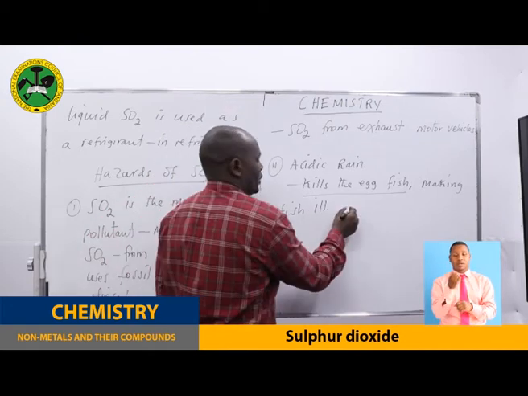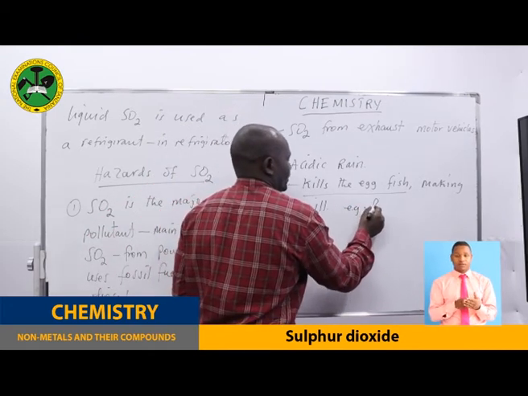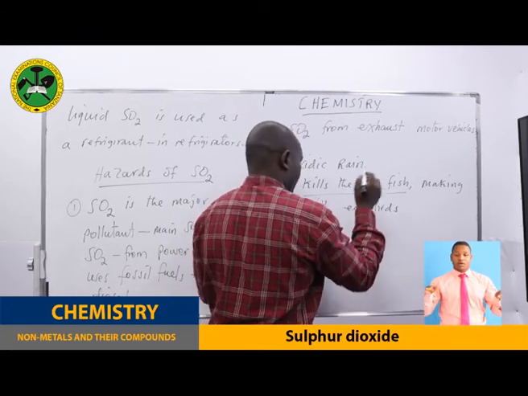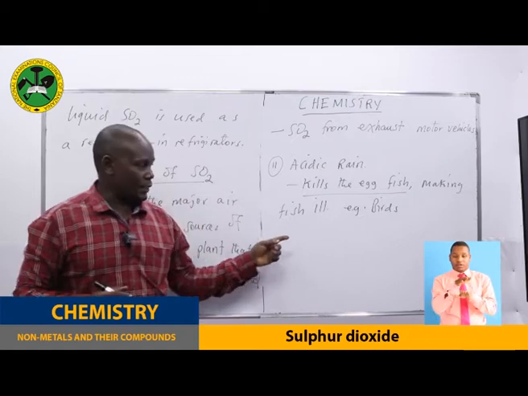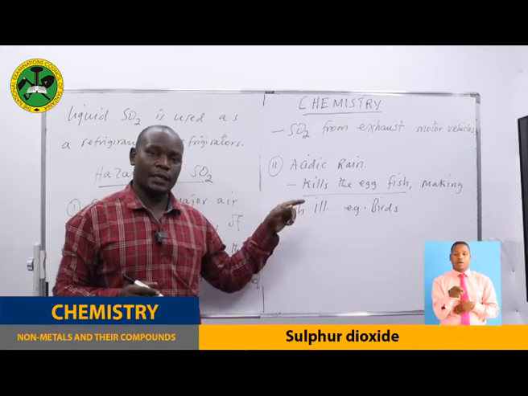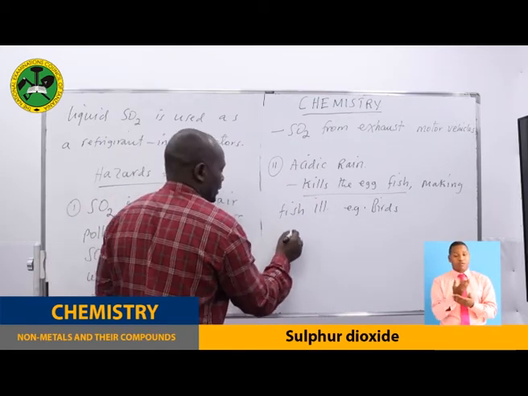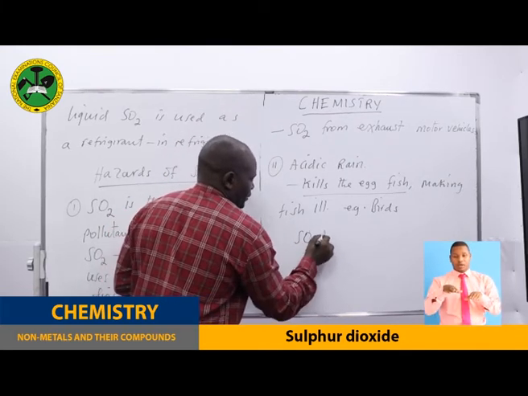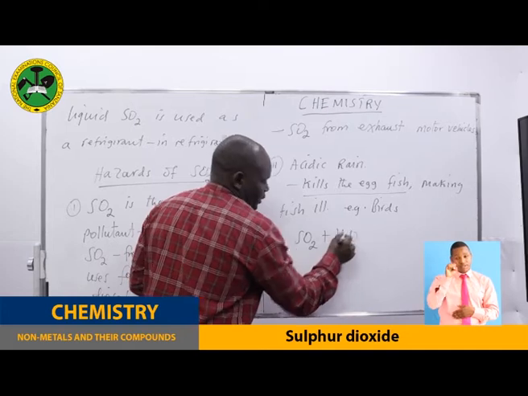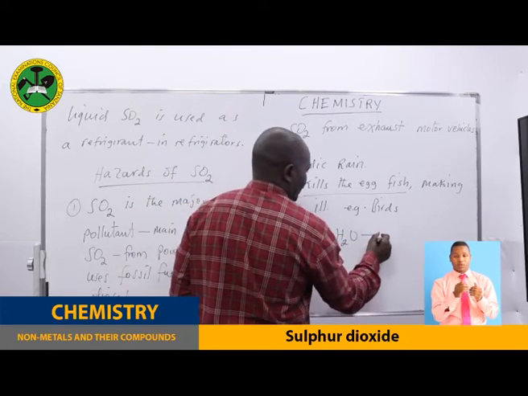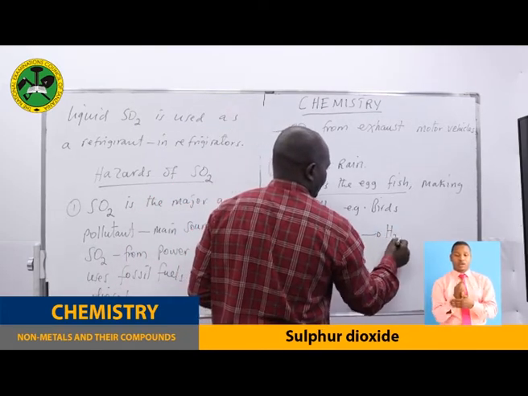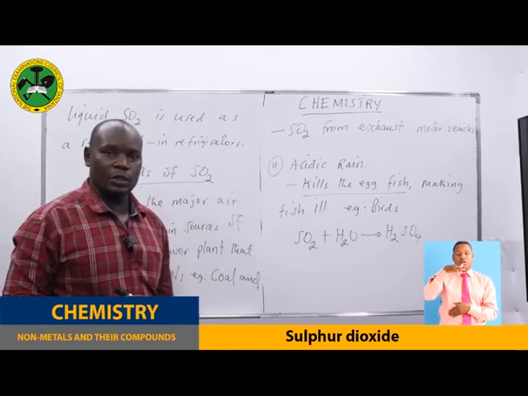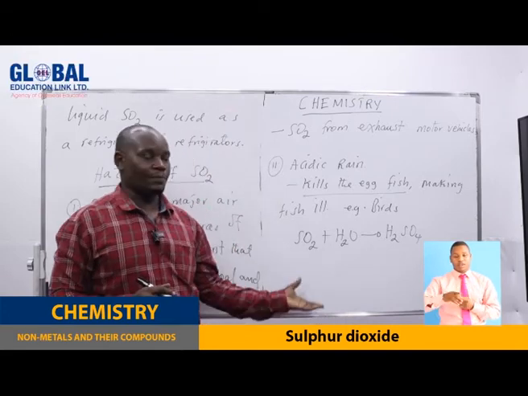For example, we have bees. So once bees eat a fish which is ill due to the acidic rain, as I have said, the acidic rain is due to sulfur dioxide reacting with rainwater from the atmosphere, forming sulfuric acid which is then released into those sources of water where different living organisms are present.